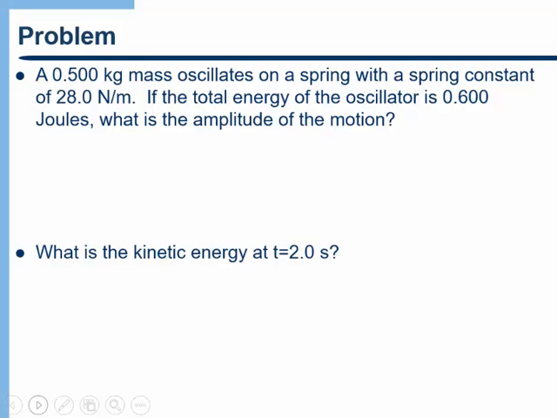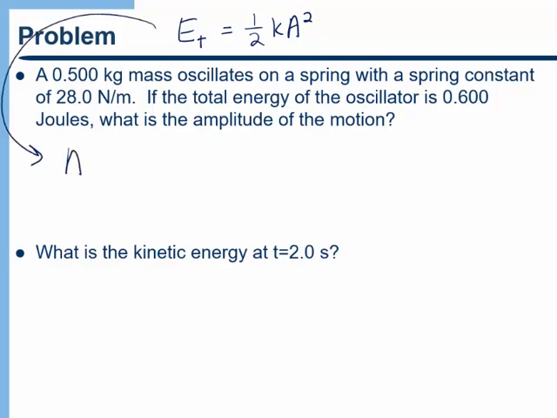Okay. We've said that the total energy is equal to 1/2 ka squared. You'll notice in this problem, we're trying to find the amplitude. We've been given the total energy and the spring constant. So we should be able to solve that for A. Taking that equation and solving for the amplitude, I get the amplitude is the square root of 2 times the total energy divided by the spring constant.